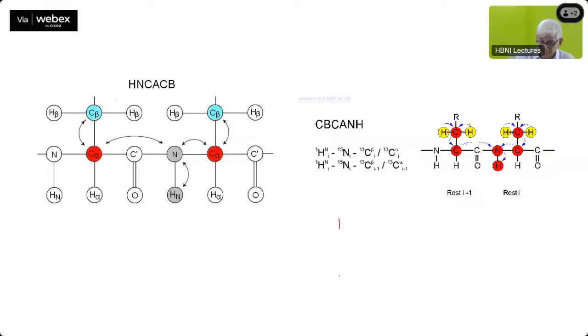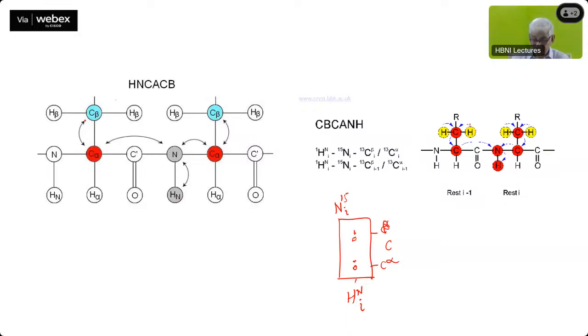So if I take the strip here, this is the HN of residue I. This is the particular N15 of residue I, and here I have the C carbon chemical shift. So I have here on the top C beta, and at the bottom I have the C alpha. I will have 2 peaks here and 2 peaks there.